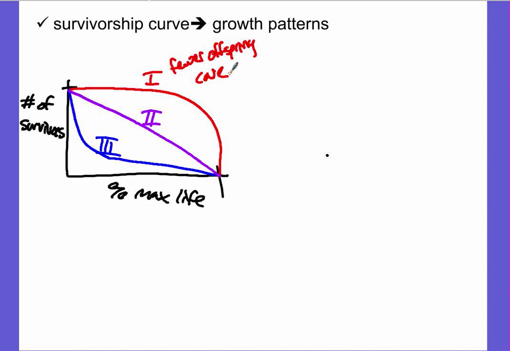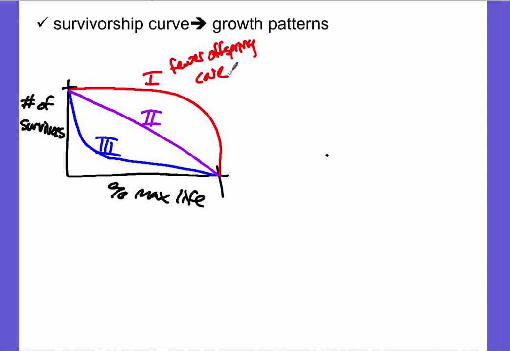They ensure that they survive, right, to adulthood by caring for their offspring. And they're going to have fewer offspring because if they had lots of offspring, it'd be harder to take care of them. Right? There's only so many that they can focus on and so many that they can care for at the same time. So that's the general idea for that type 1 survivorship curve.